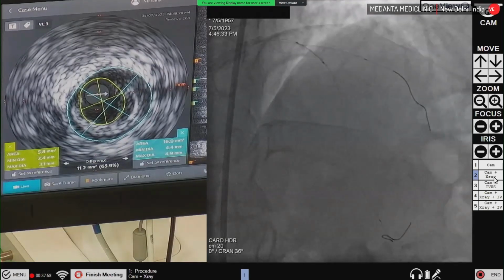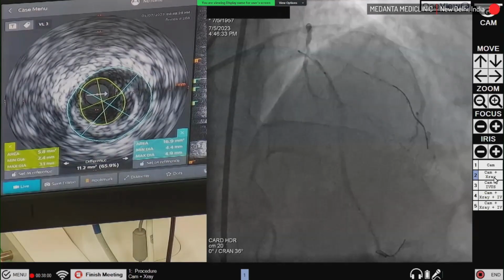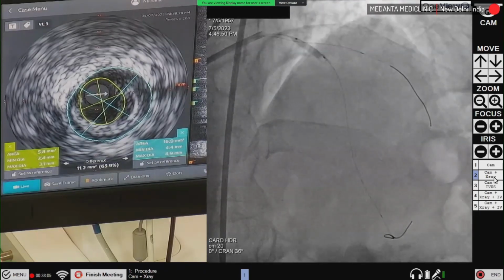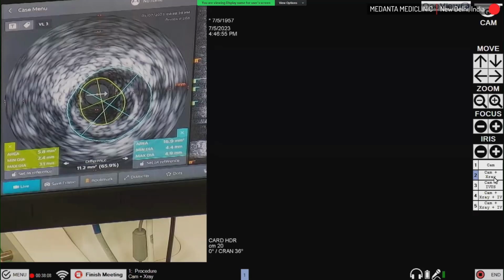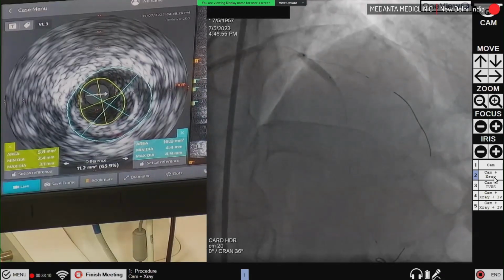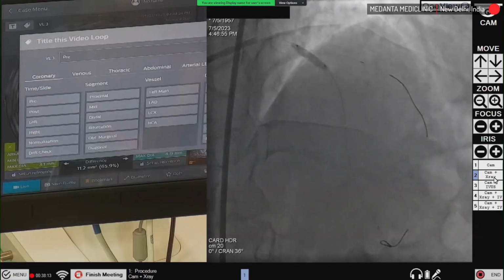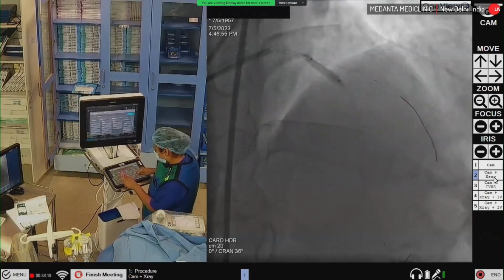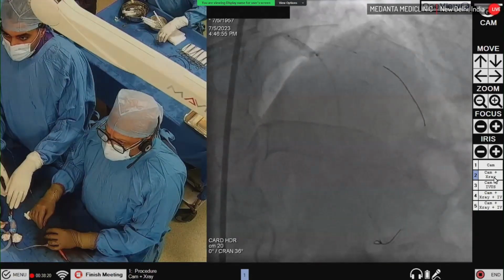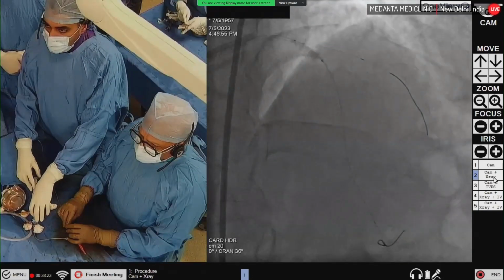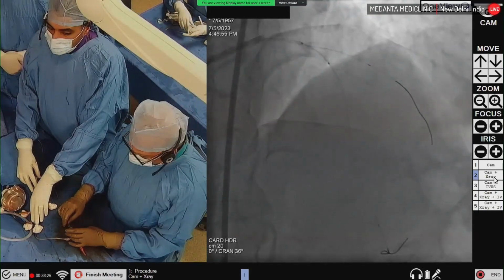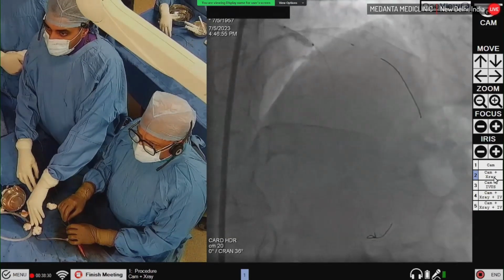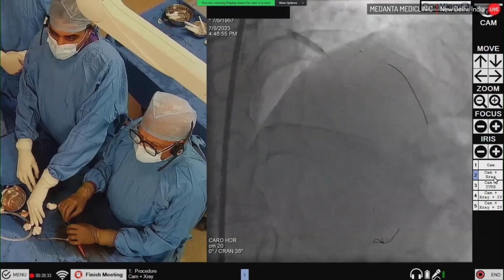Check, please. Go up: 1, 2, 3, 4, 5, 6, 7, 8, 9, 10, 12, 14, 16. Deflate. Again: 1, 2, 3, 4, 5, 6, 7, 8, 9, 10, 12, 14, 16.